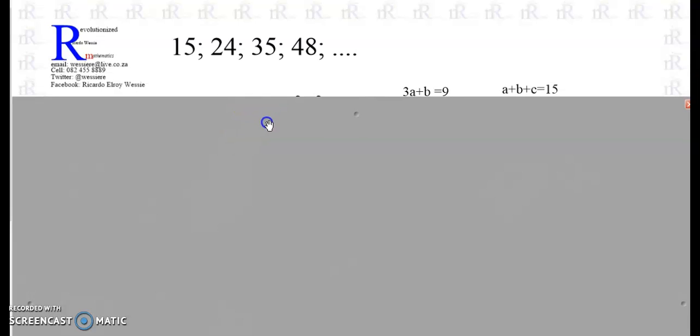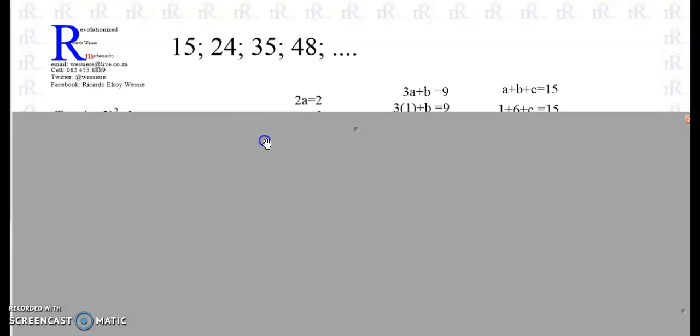So let's look at the typical quadratic sequence: 15, 24, 35, 48. That is my quadratic sequence. So the question is raised now, what is the general term of this sequence? So I will find the first difference and then the second difference, and I will find that there's a constant second difference.